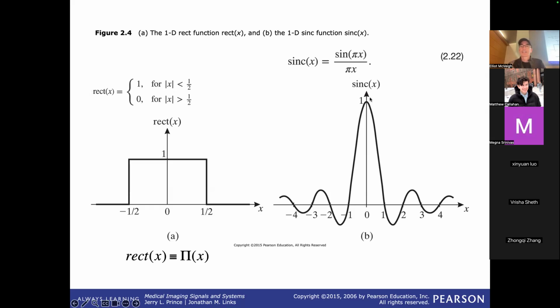Fascinating. As x goes to 0, it does not blow up, right? So the ratio of sine x over x as we're going into 0 goes towards a constant, because sine x, when x is really, really small, equals x. So that's why it doesn't blow up here.